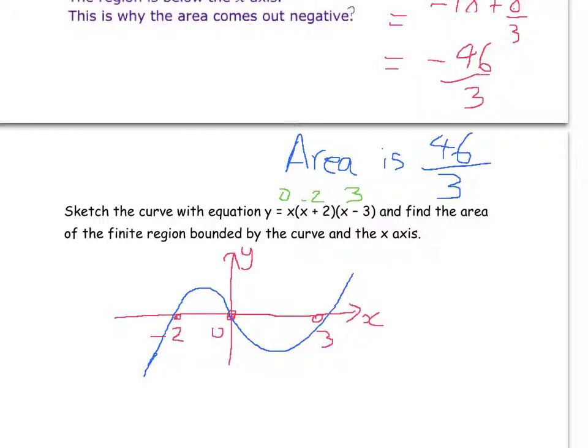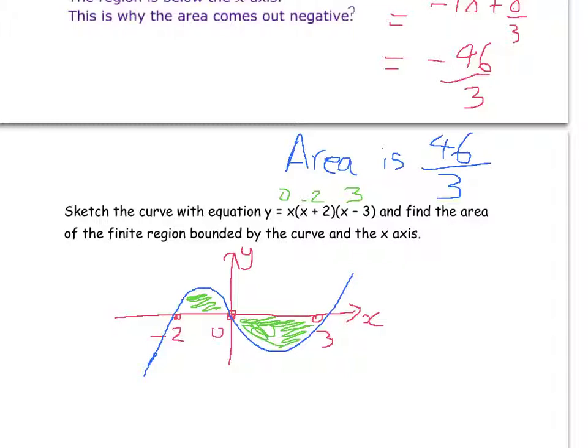And what we're asked to find is the finite region bound by the curve and the x-axis. What that means is this region here, which is enclosed between the curve and the x-axis. Now, the problem is, remember what we did a minute ago on the first example?